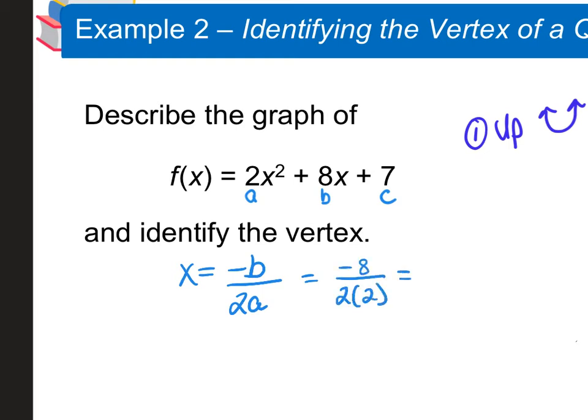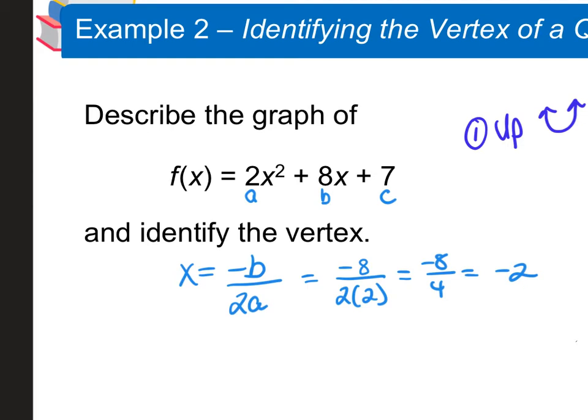Does anybody have any questions on where I got those numbers from? Okay, here's the issue, guys. Negative 8 divided by 4, I get negative 2. Do you know how easy it is to forget that negative? Or you write it down on negative 8, but then when you go to negative 8 divided by 4, you just put 2.